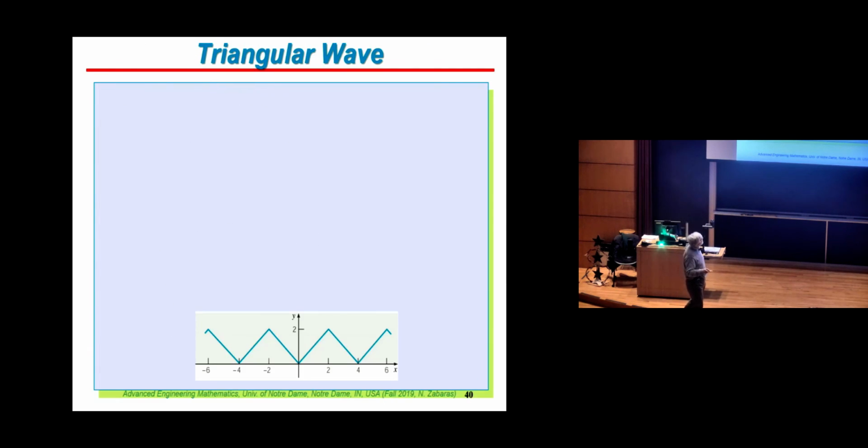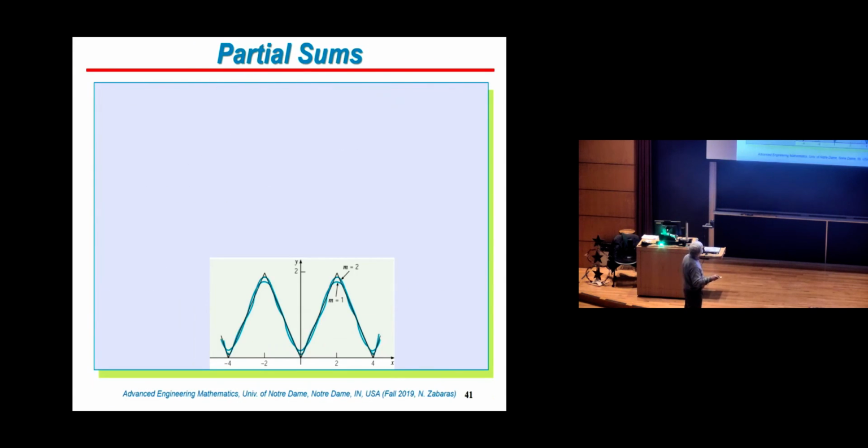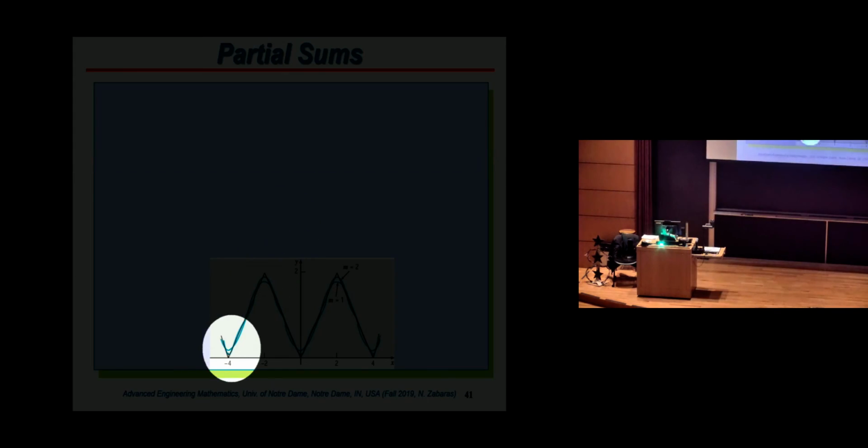Now, just to show you the two examples to see the convergence, on the first example with the triangular wave, even if you use only 2 terms in the Fourier expansion, look how good the results look. 2 modes only are sufficient to capture this nearly perfectly, except obviously at the corners.